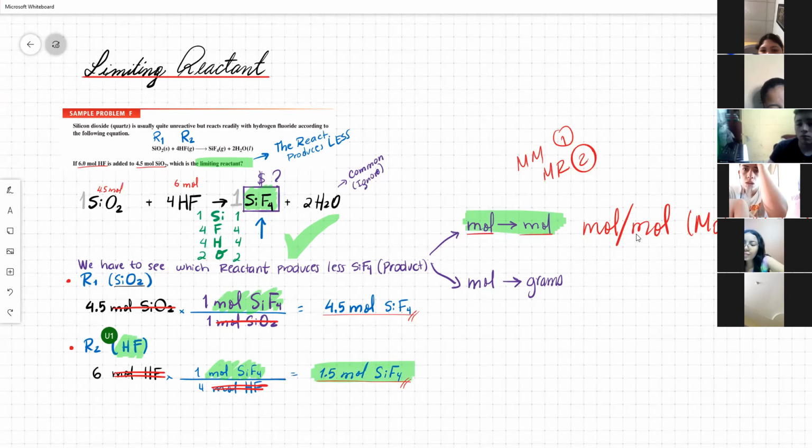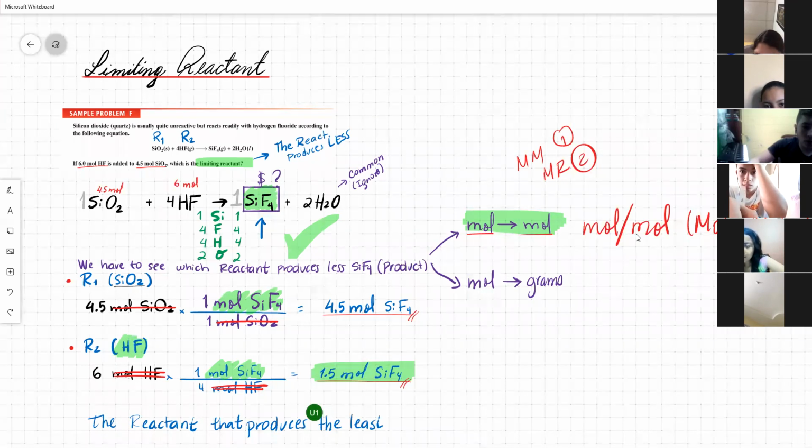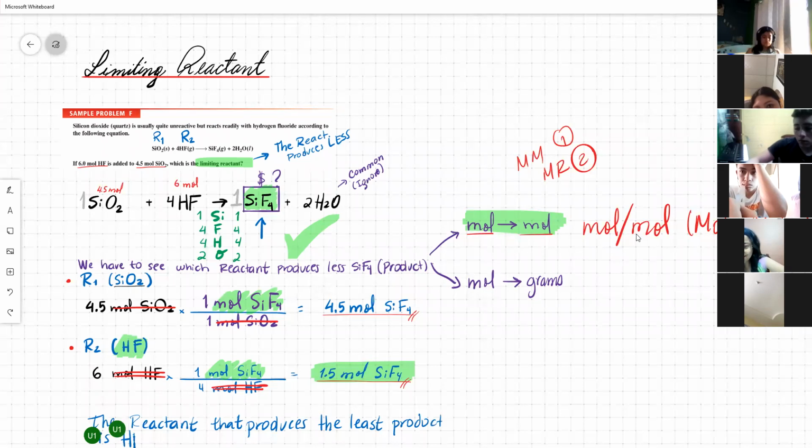So by answering the question, we say the reactant that produces the least product is HF, hydrogen fluoride.